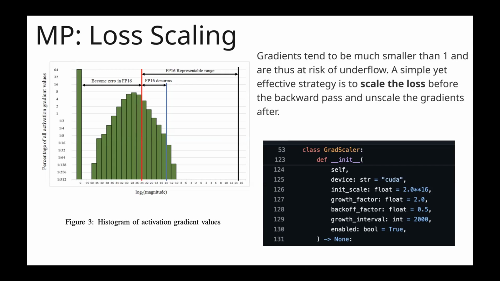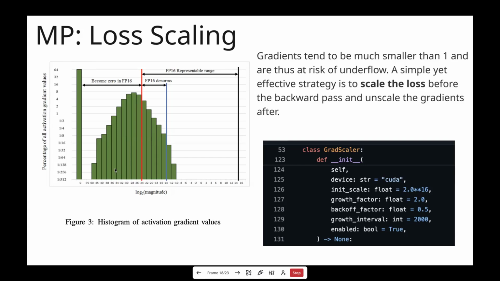And it might seem a little bit tricky, but if you just look at the signature and this histogram, you probably could figure out what's happening under the hood by the name of the method, loss scaling, or scaling the loss. So essentially, as we can see, we are operating on the scale of values of logarithm with the base 2 of the magnitude of the gradients. And the problem is that everything to the left of the red line cannot be represented.